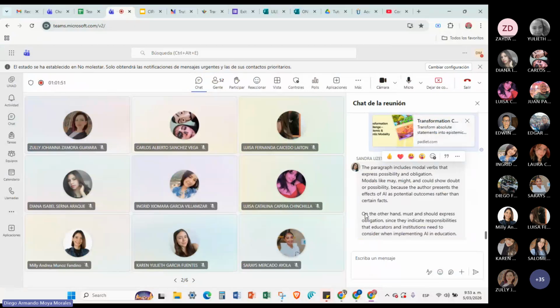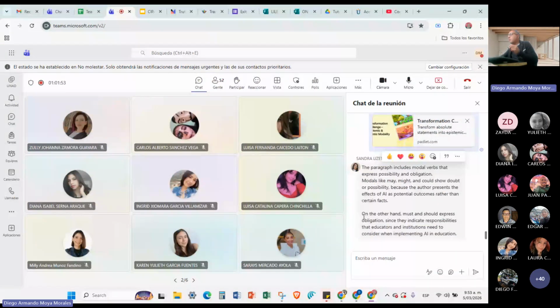Sandra, thank you. The paragraph includes modal verbs that express possibility and obligation. Yes, that is the main topic of this session. Modals like may, might, and could show doubt or possibility because the author presents the effects of artificial intelligence as potential outcomes rather than certain facts.